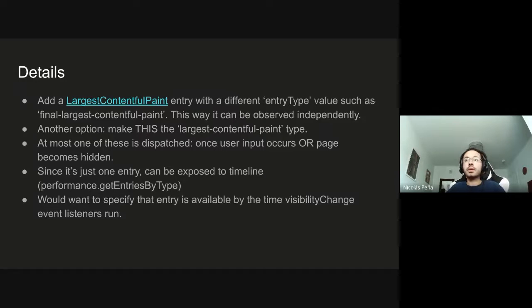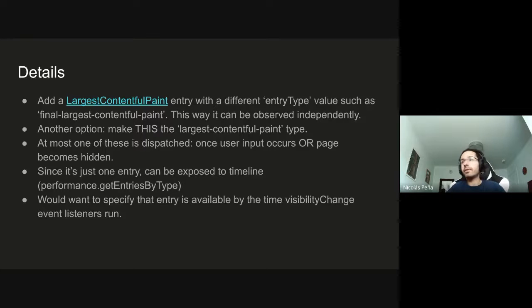So this kind of entry would be similar to something like FCP, which naturally just surfaces one entry per document, right? This would be at most one, as opposed to the current API, which surfaces potentially several LCP candidates throughout the course of the page.